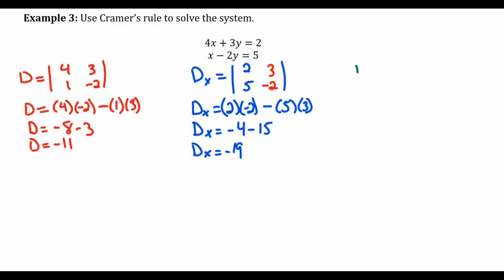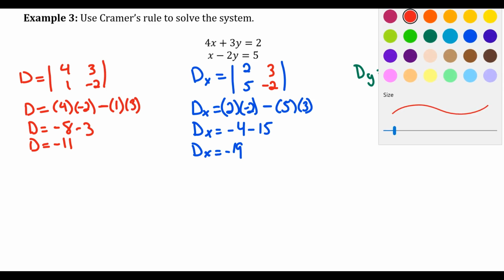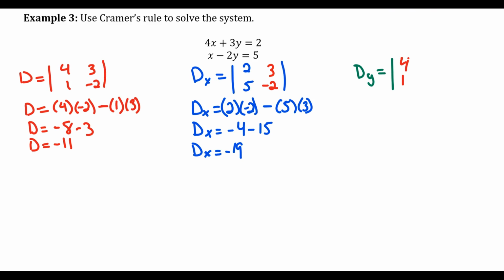Now I'm going to find D sub y. My x values in this case are going to stay the same as my original matrix. My y values are what are going to be replaced by these results, the 2 and the 5.